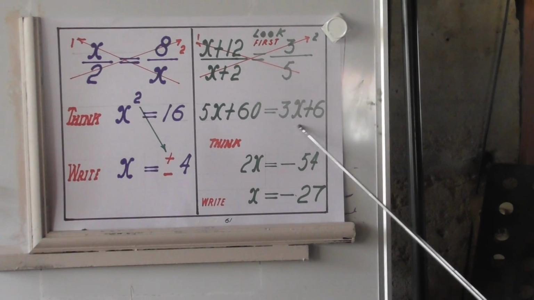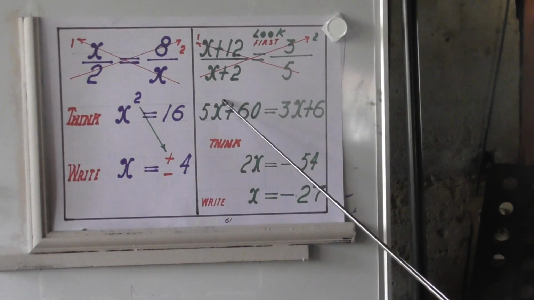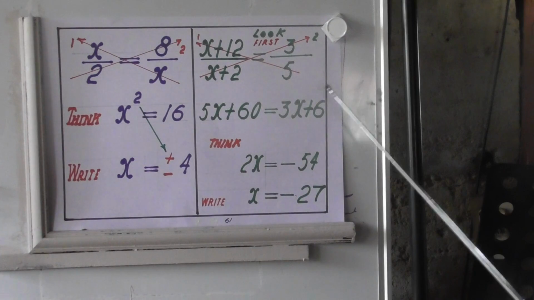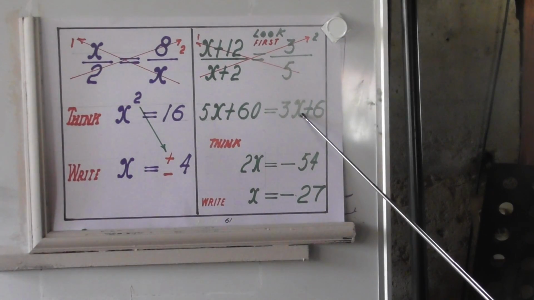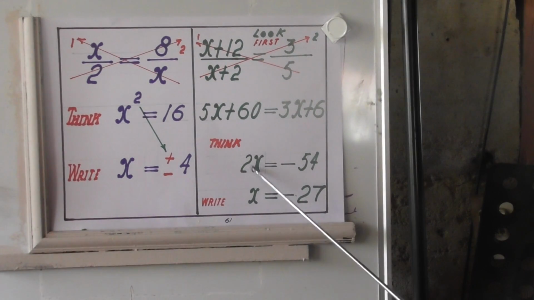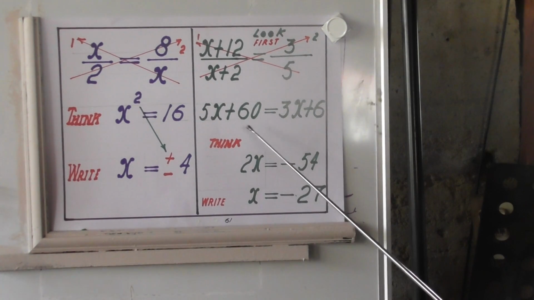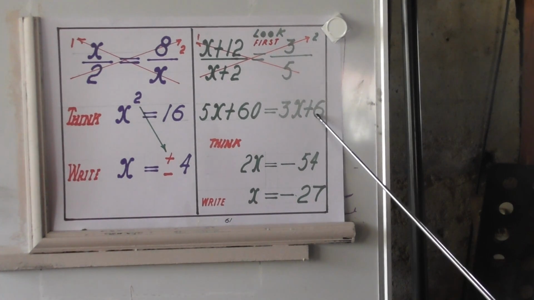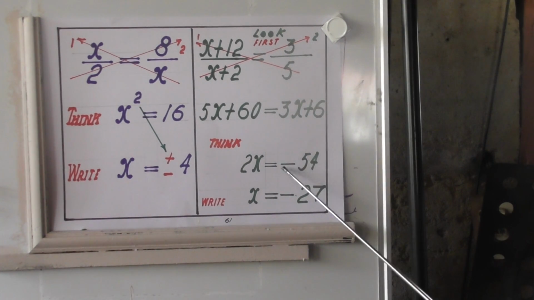The x's go to the left and the numbers go to the right. Positive 3x is negative 3x on that side, so the positives are winning by 2. Negative 60 here and positive 6. The negatives are winning by 54.